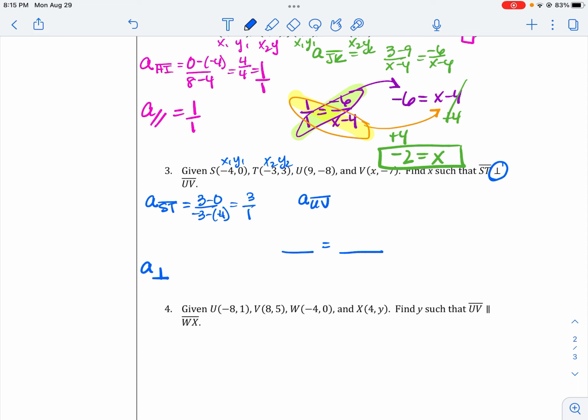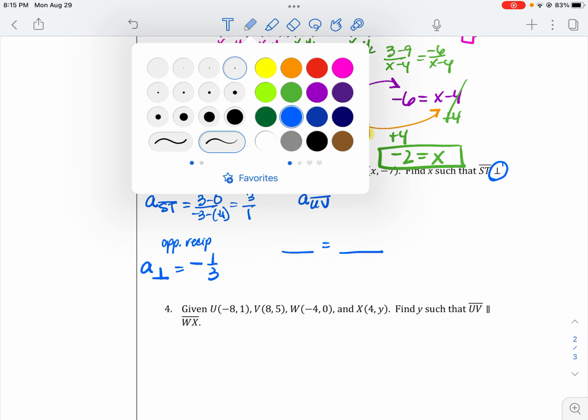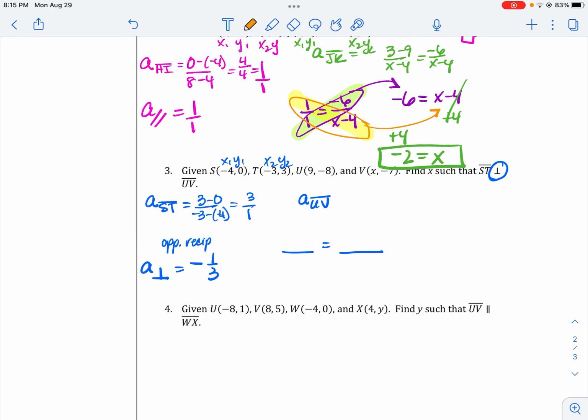So perpendicular, opposite reciprocal, change the sign, flip the fraction. So now I need to find the slope of UV, x1, y1, x2, y2. That's negative 7 minus a negative 8 over x minus 9.